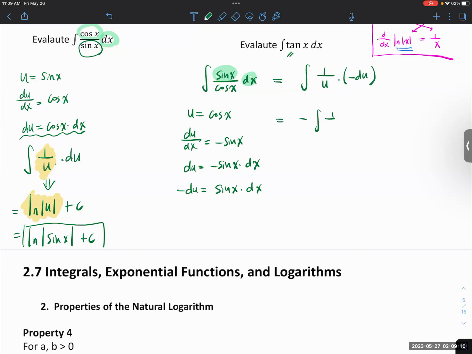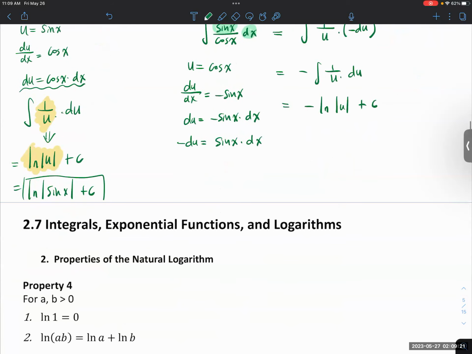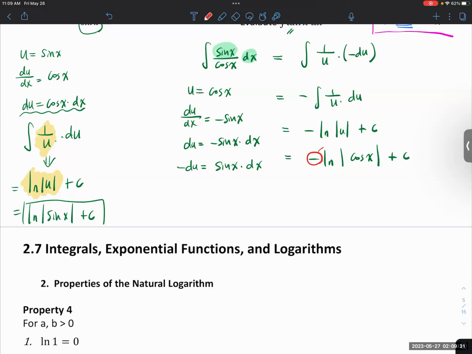I'm going to bring the negative to the front. Again, 1 over u, this is going to be ln u. And then you can go back to the u that was cosine x. According to the exponent property, you can bring this negative to the front as the exponent of cosine x.